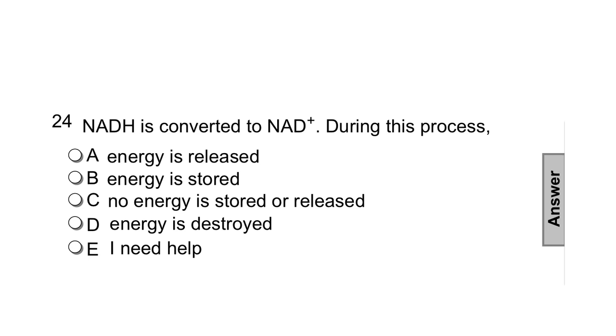Which is like a battery, an energized battery and a de-energized battery. So which one is the energized form? The bigger one. So I'll just say this is a charged up battery.